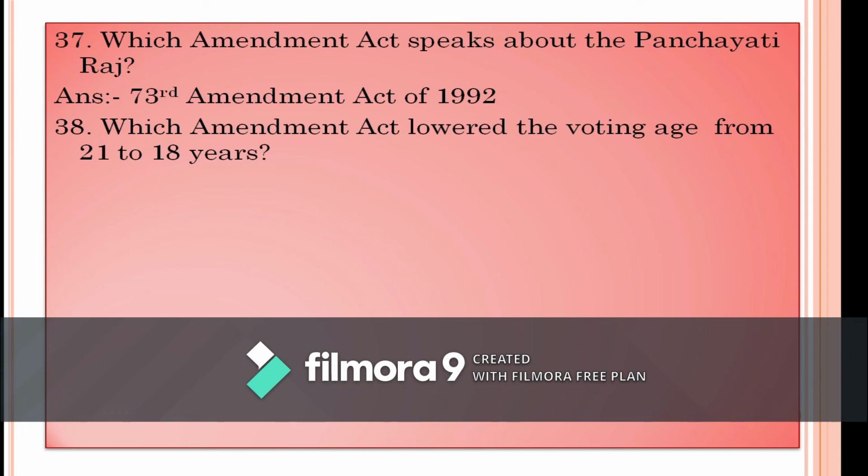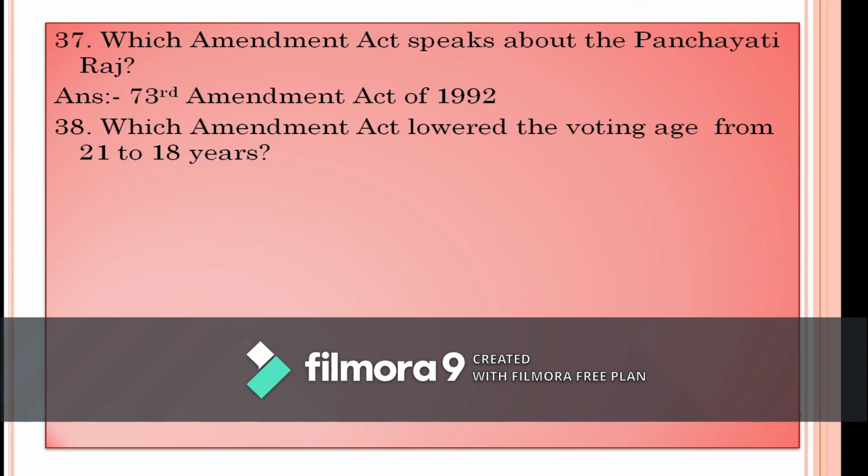Which amendment act lowered the voting age from 21 to 18 years old? This is a very important question. 38 number, which amendment act lowered the voting age from 21 to 18 years old? At first the voting age of an individual was 21 years old, but under an act, the voting age was reduced to 18 years old.